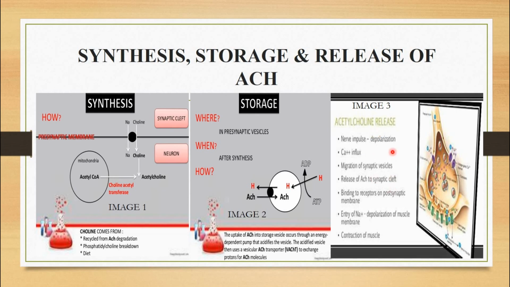If we start with the initiation process, at first there is the action potential or nerve impulse generation, then calcium ion influx, migration to the synaptic vesicle, release of acetylcholine to the synaptic cleft, binding to receptors on the postsynaptic membrane, entry of Na+, depolarization of the muscle membrane, contraction of the muscle, and ultimately release of acetylcholine by the process of exocytosis.